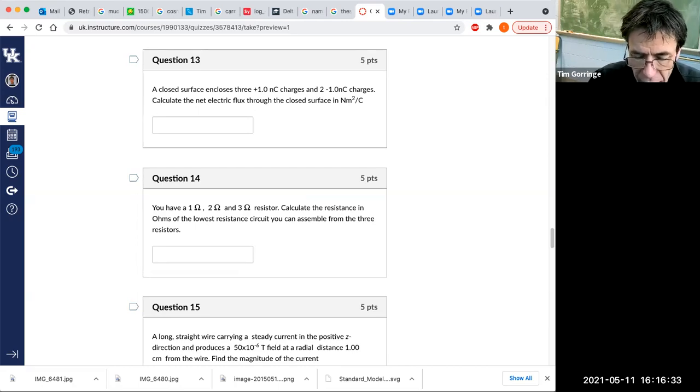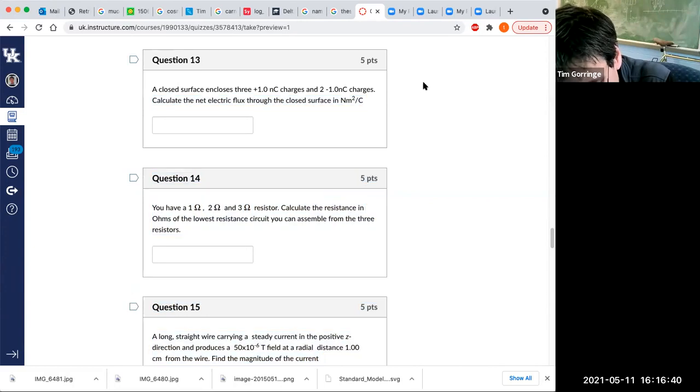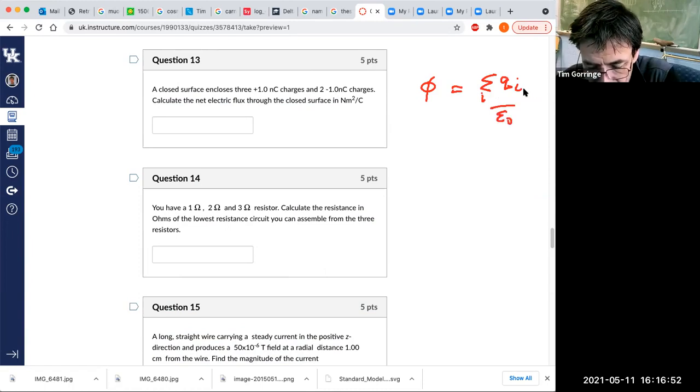And we've got to figure out the total flux that emerges through that closed surface. So the total flux through a closed surface is related to the charge inside the closed surface by this little equation here. The sum of the charges divided by the permittivity of free space.